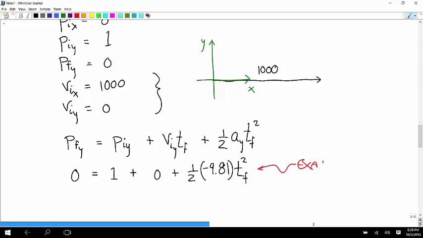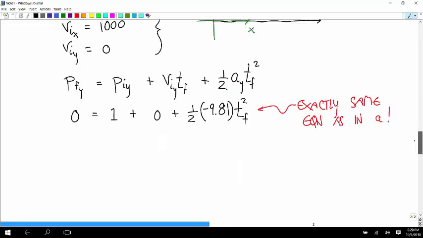And that's exactly the same equation as we got in part A. And so when you solve it, you get the same thing. Time final is equal to plus or minus 0.455 seconds. We only deal with positive times.